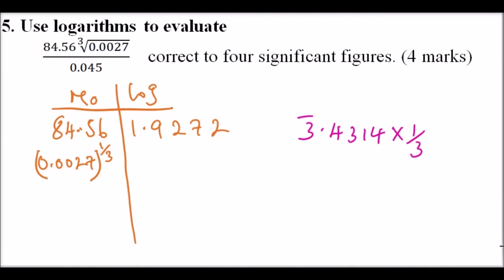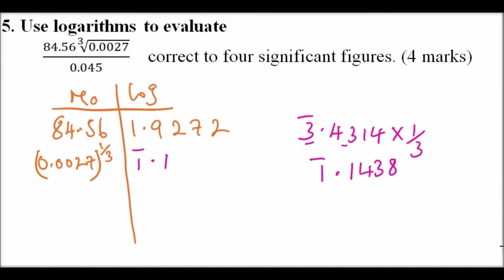Then when you are dividing here, these two numbers are different. This is a whole number, this is a negative number, so we have bar 1 point. When you divide this other number, you get 1438. So that is the logarithm of the cube root of 0.0027.